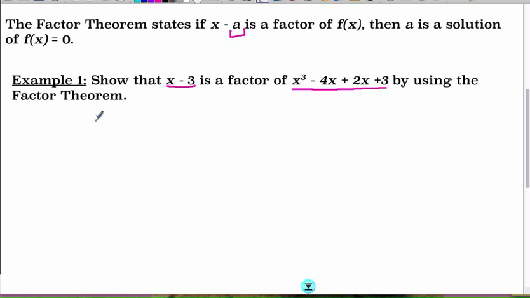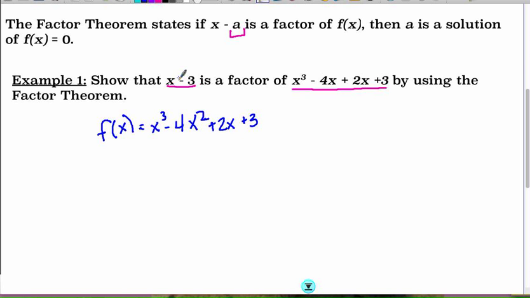So I'm going to start by writing this in function notation. So we've got x cubed minus 4x, and this should be squared now that I'm looking at it, plus 2x plus 3.